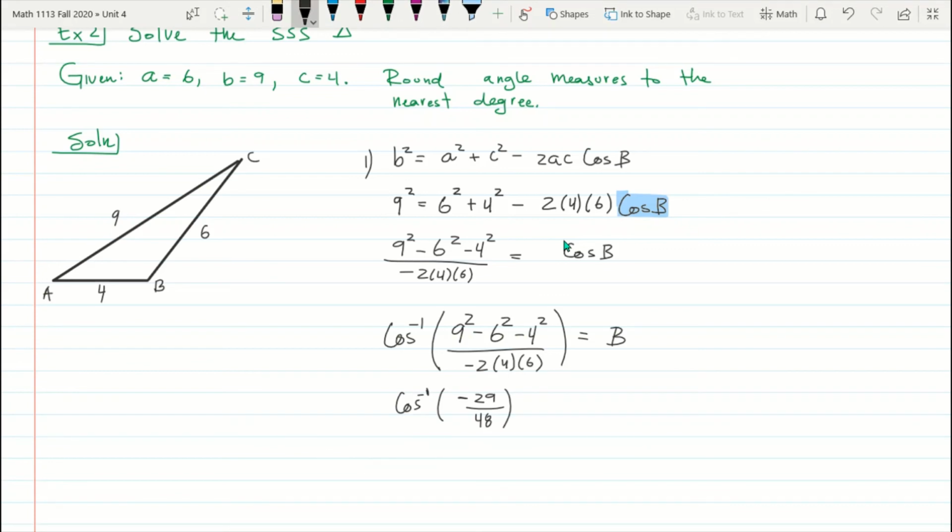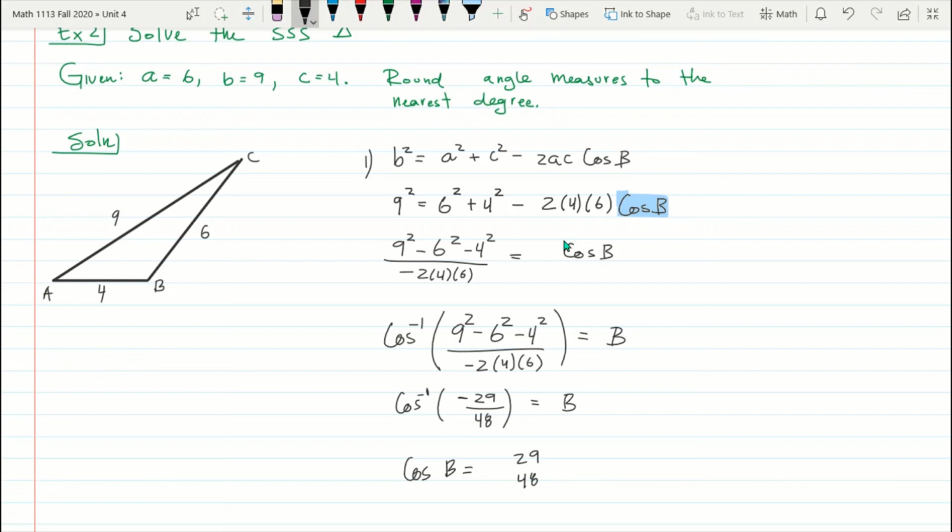Taking a step back to look at this, cosine B equals negative 29 over 48. We see that that's negative, right? So that tells us that angle B is going to be an obtuse angle, larger than 90 degrees.